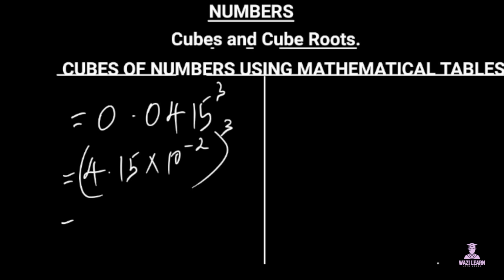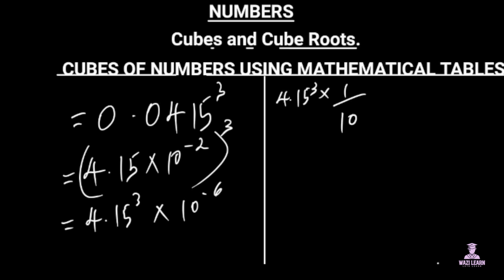So this is the same as saying 4.15 cubed times 10 raised to negative 6, so 4.15 cubed times 1 over 10 raised to 6. When you write it as a fraction like this, the negative sign disappears.